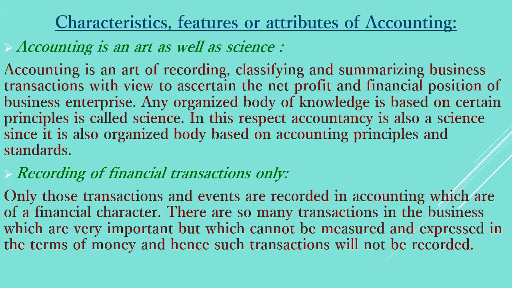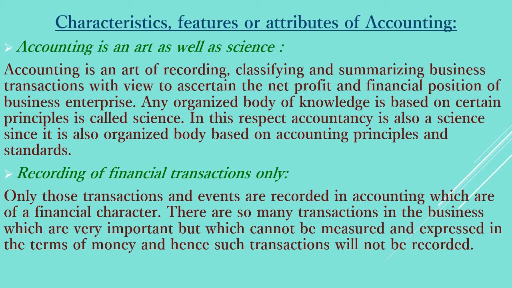So in the characteristics of accounting, we record only those transactions which can be measured in terms of money. Those which are important to the business but cannot be measured in terms of money will not be recorded in the accounting.